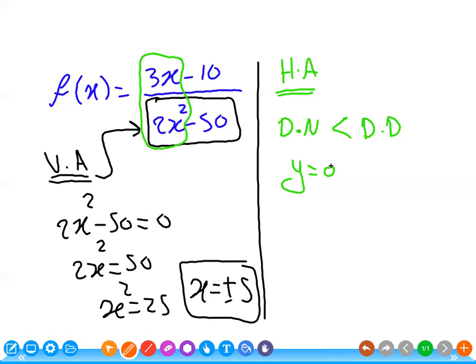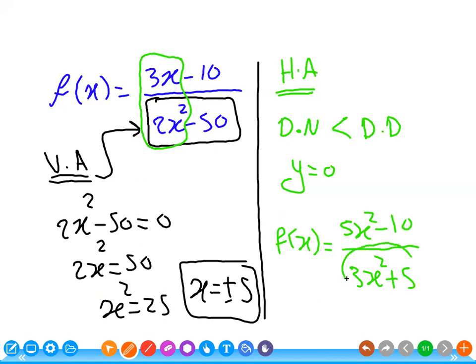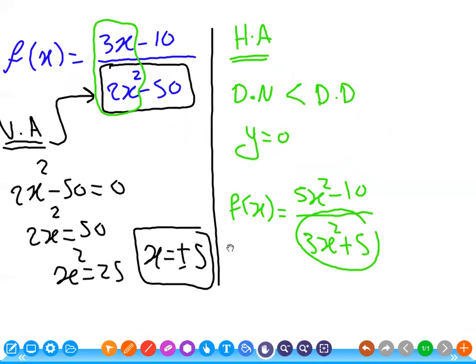If both are equal, for example, let's say that we have f of x equals 5x squared minus 10 over 3x squared plus 5. Now, in this example, if you solve for the denominator, you will have no vertical asymptotes. Why is that?